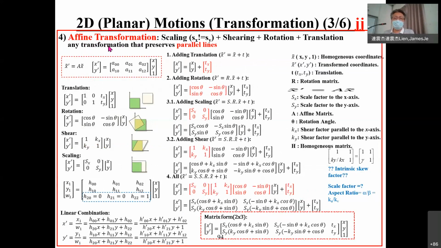So affine transform include translation, include rotation, include scaling. But scaling, x scale can be different from y scale，那就会变形。Also there is shear. Shear is like this one.